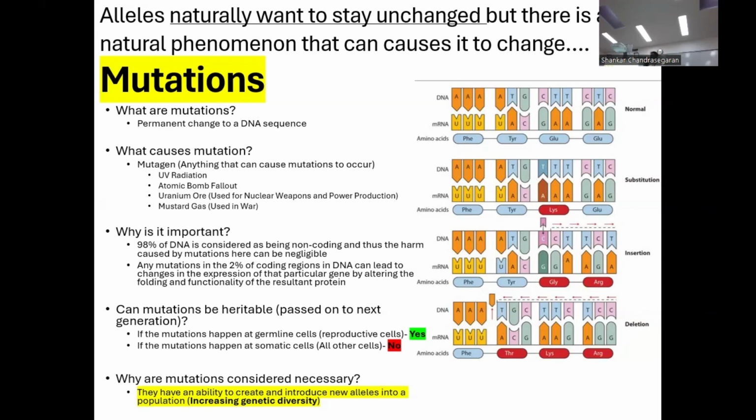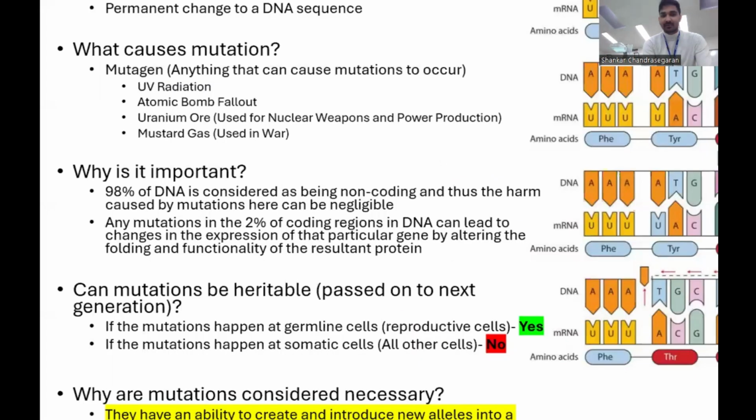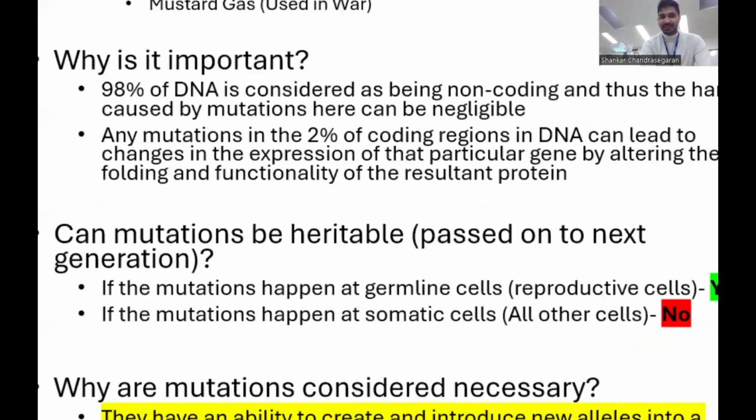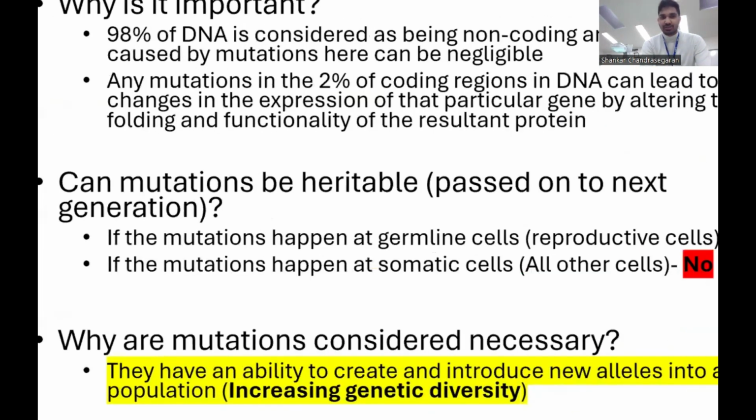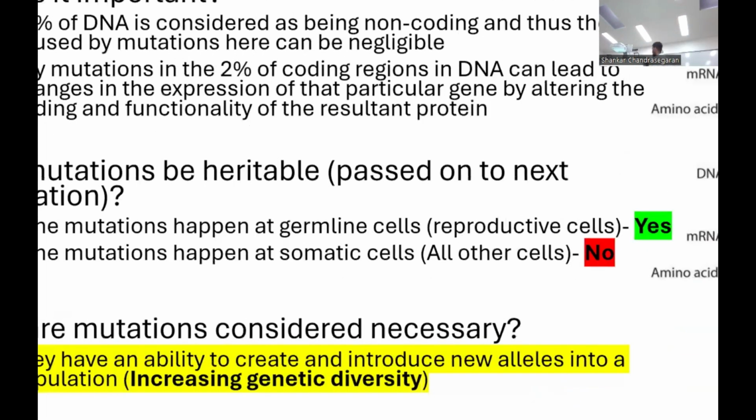Anything that's going to be passed on to the next generation, your reproductive cell, we call that germline cells. So make sure you guys are remembering those two words. Germline cells, we consider those cells. Somatic cells is basically every other cell in your body.